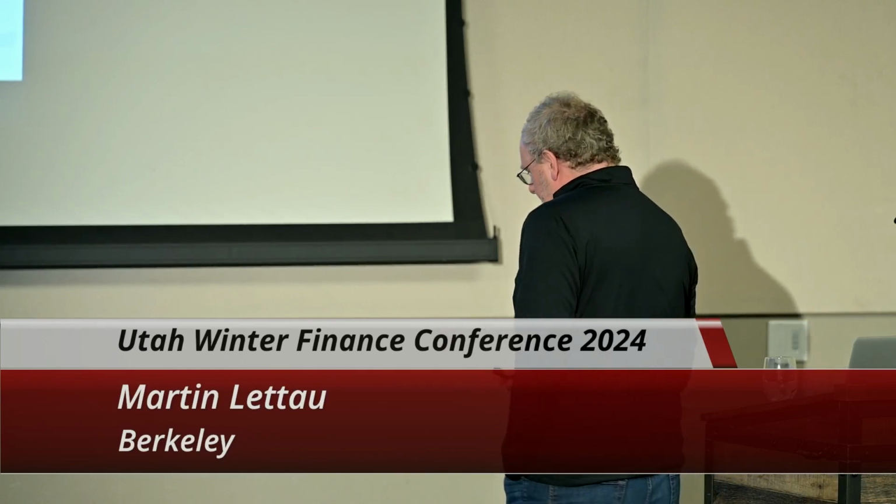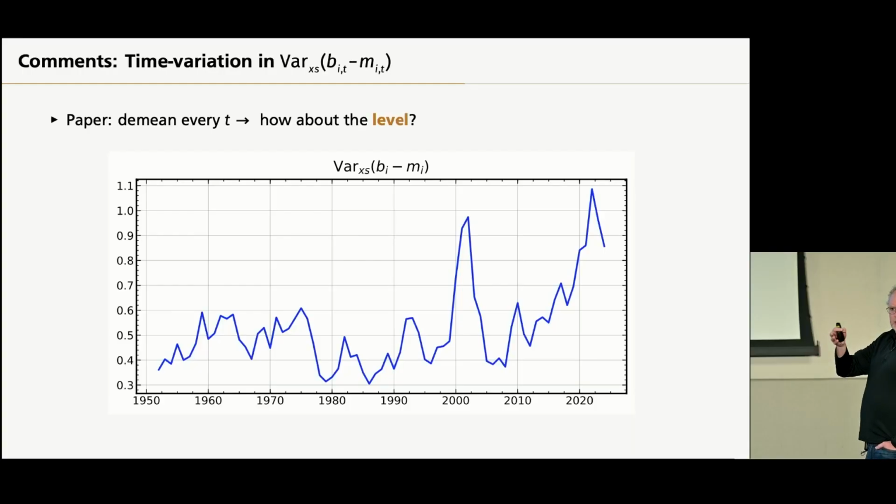One thing that I think should also be explored a little bit more, and the paper goes into this in some detail, is the time variation of these effects. In the paper, they demean every year, so in some sense the level effects are taken out. But if you plot the cross-sectional variance of the book-to-market ratio, you see an increase starting around 1990.